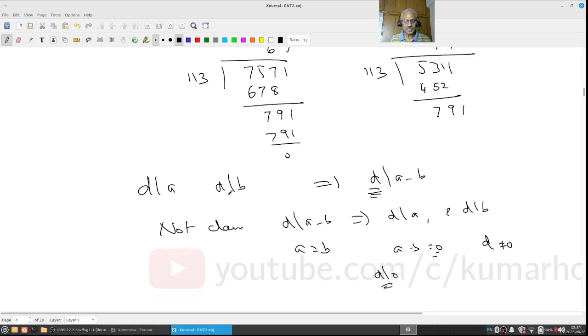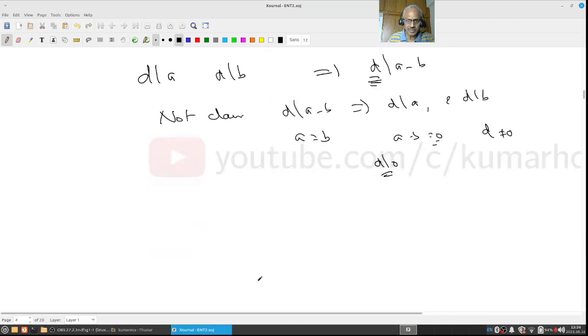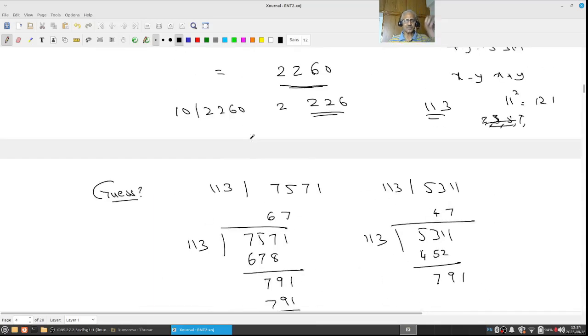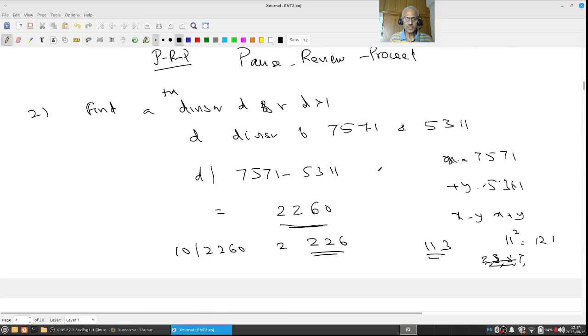Therefore can I claim D divides A, D divides B? I can't do that. Okay, am I confusing? Please play this video again and understand. So it's only a necessary condition, so it's a hit or miss. Somebody wanted me to find a common divisor of this which is greater than 1. So how do I do that?